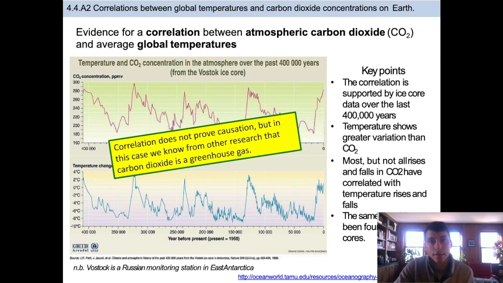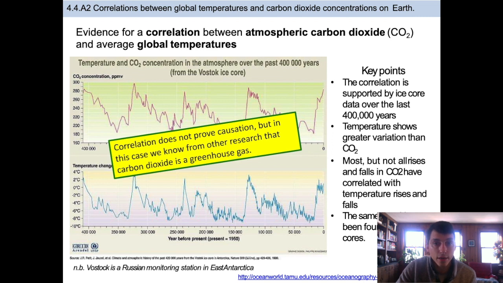Greenhouse gases are gases that absorb heat and reflect it back to the earth and essentially increase the temperature of the earth, and we know that carbon dioxide is a very prevalent greenhouse gas, because it is both abundant, which was one of the factors for greenhouse gases, and also because it absorbs heat very well.